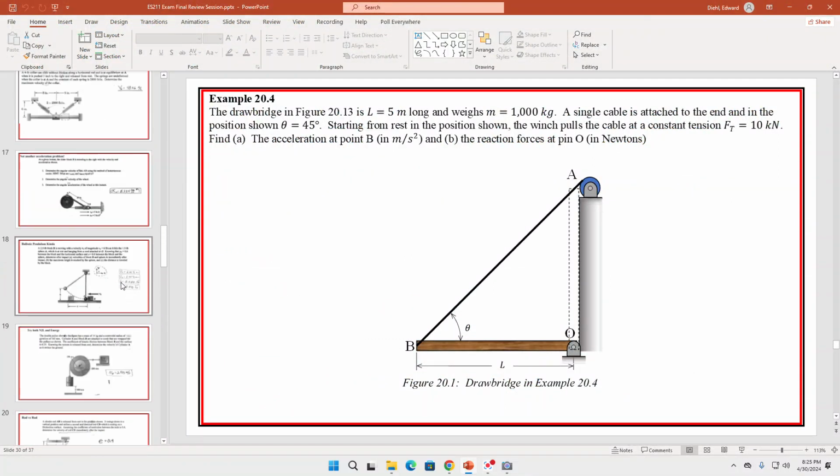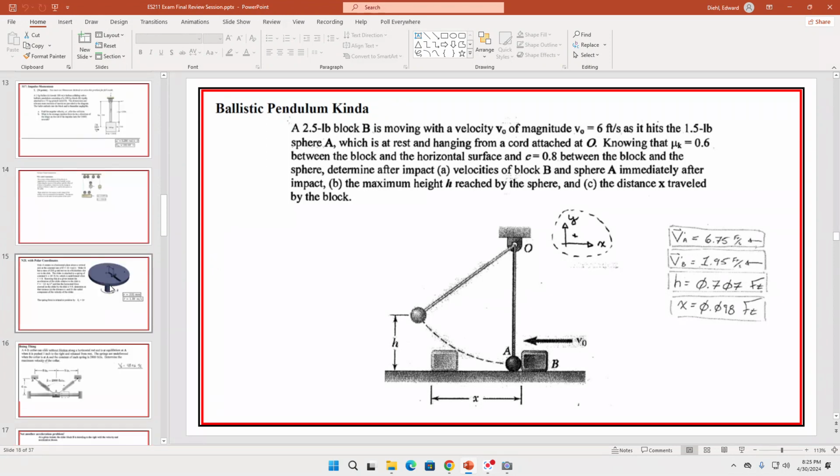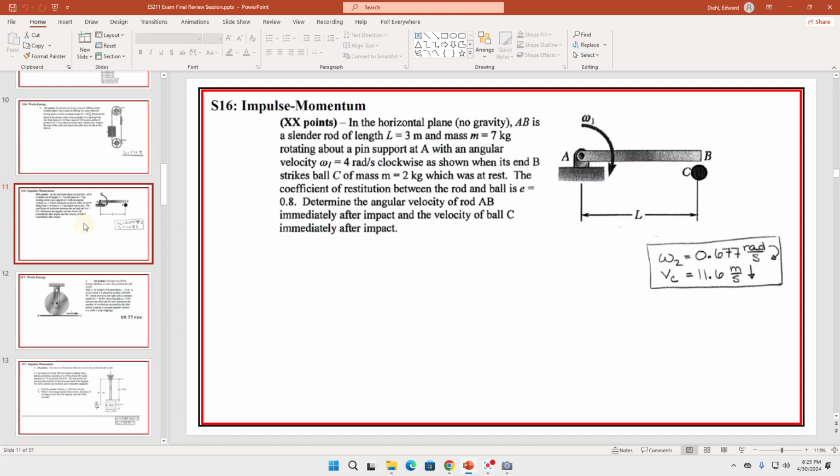Okay. Yeah, here's one I kind of liked. This is how my man Sean did this one. I was going to do this one right here, but I think I did one already. This is one of mine. Here's the impulse momentum problem. This is Dr. Garcia's. Let's do this one.